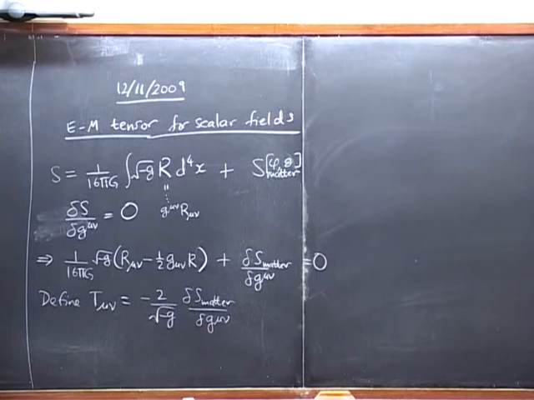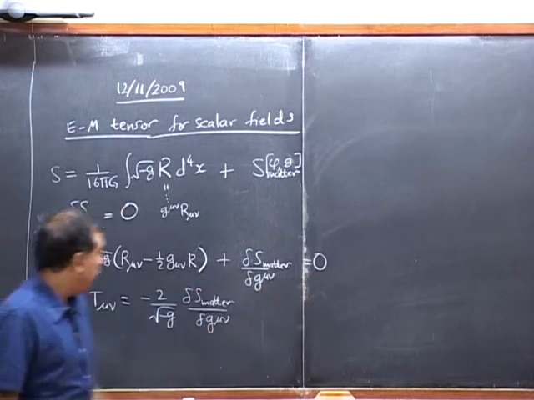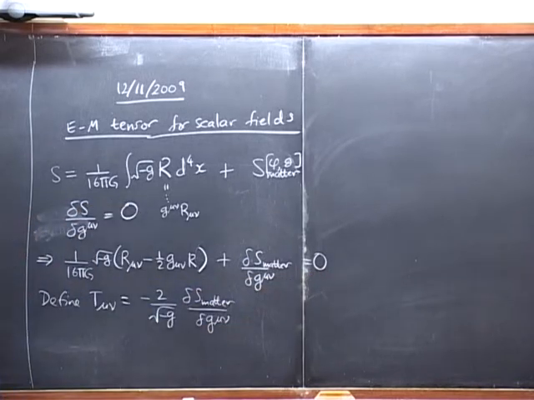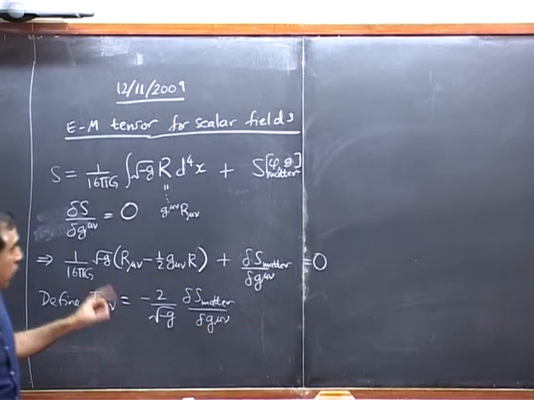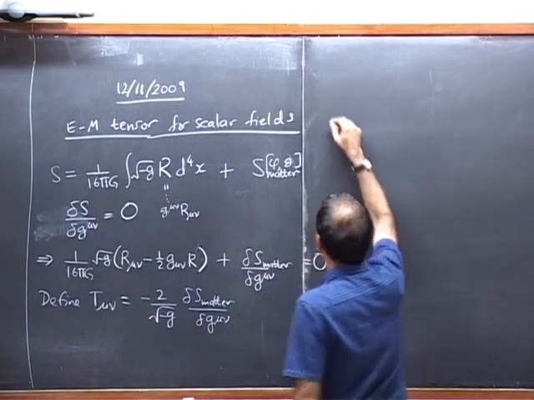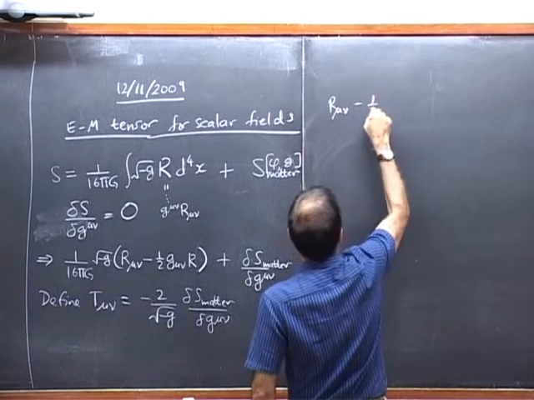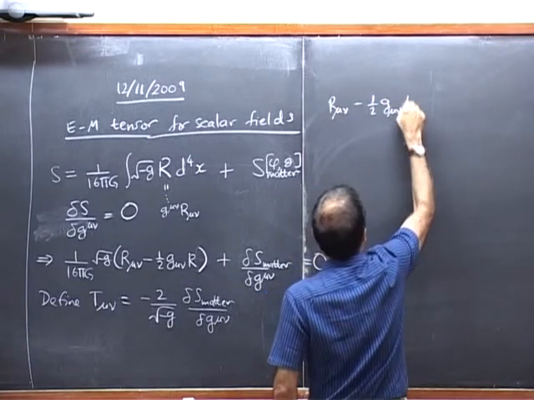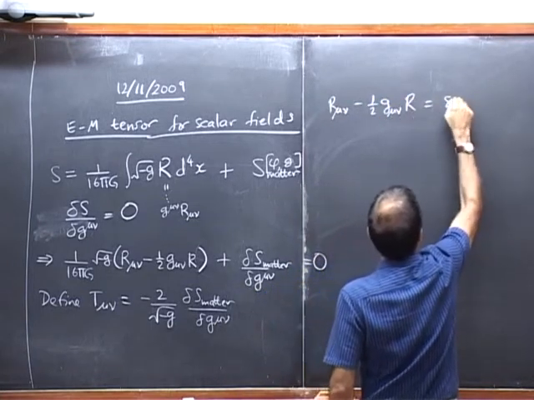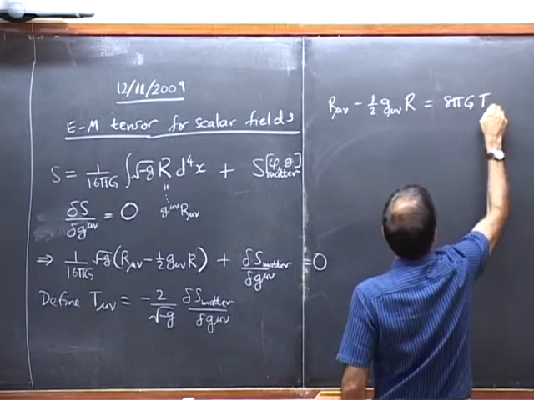Okay, good. So with these conventions, I can take this to the other side and write it as minus a half, okay, so this gives me that R_{mu nu} minus half g_{mu nu} R is 8 pi G.